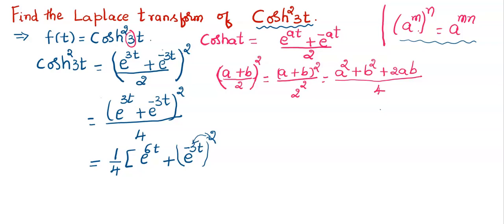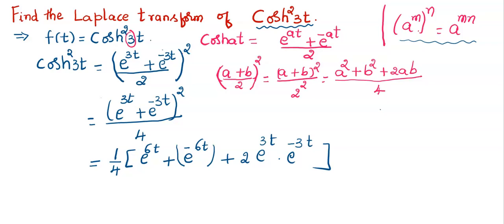So let me write e to the power of minus 6t. Okay. Plus 2 into a, which is e to the power of 3t, into b, which is e to the power of minus 3t.